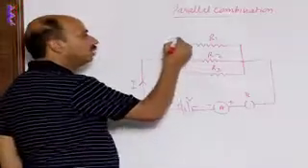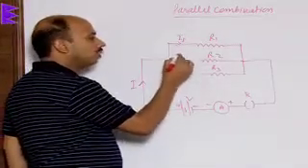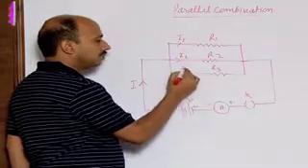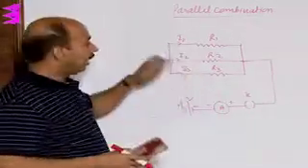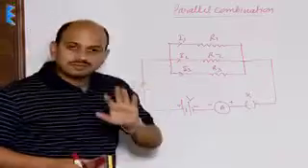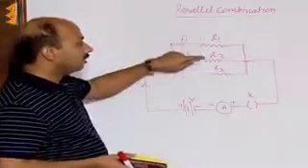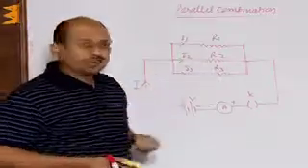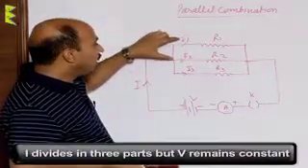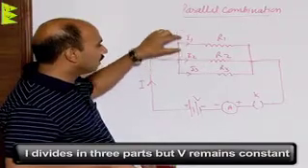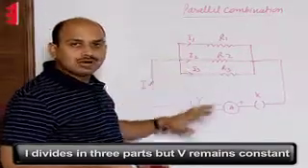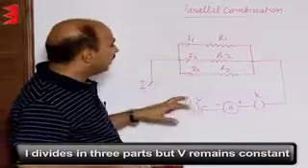So it goes here as I1, I2 and I3. This I1, I2 and I3 have different values. They cannot be same unless R1, R2 and R3 are same.